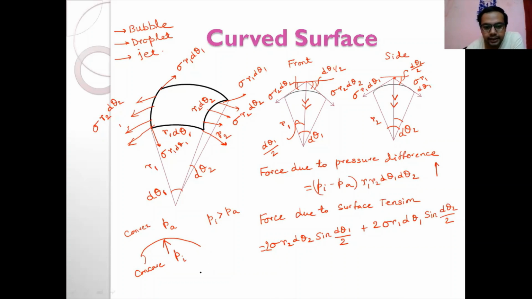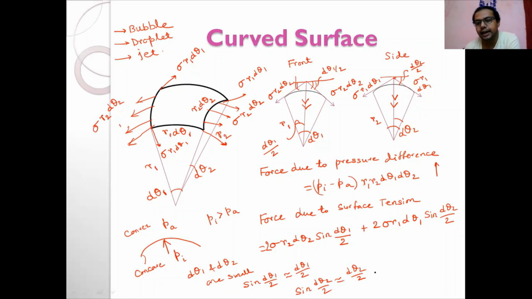Now d theta 1 and d theta 2 are very small, so sine of d theta 1 by 2 is nothing but d theta 1 by 2, and sine of d theta 2 by 2 is d theta 2 by 2, as the angles are very small.